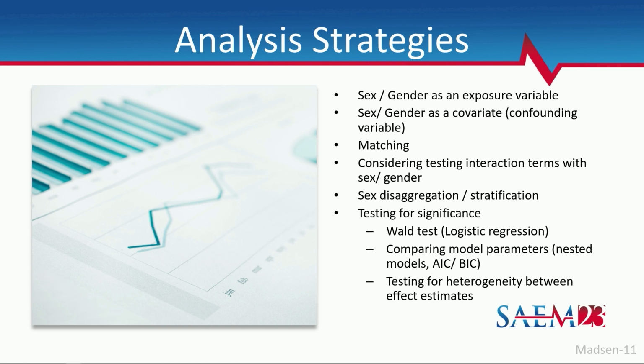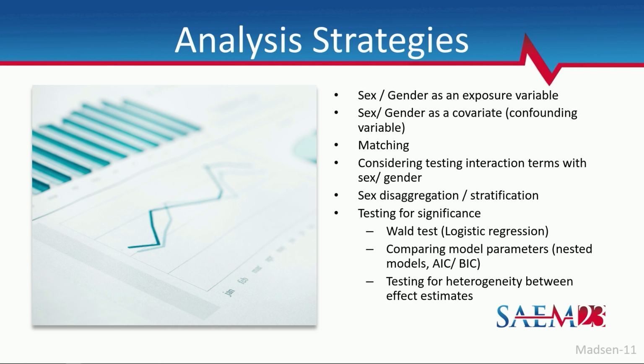There are lots of statistical hypothesis tests that you can use to draw conclusions or say that there's statistical significance. For example, logistic regression, you might use a Wald test with your sex term or your interaction term.